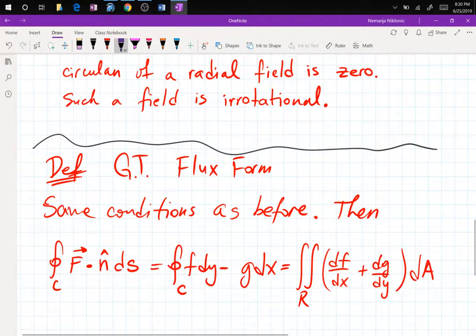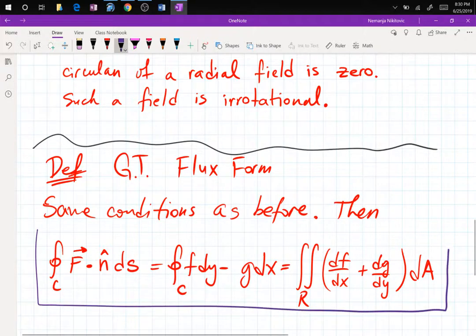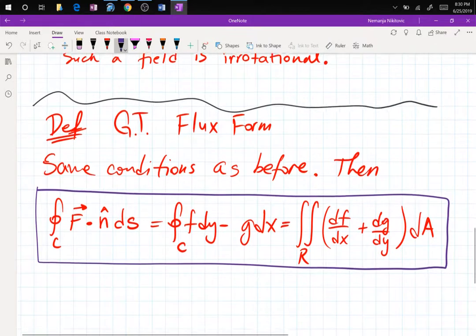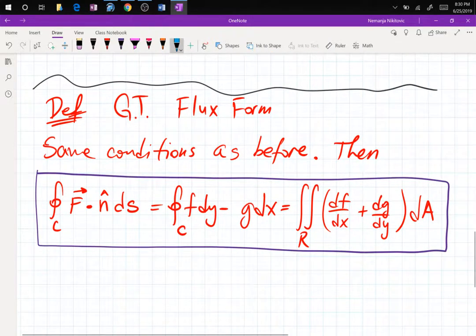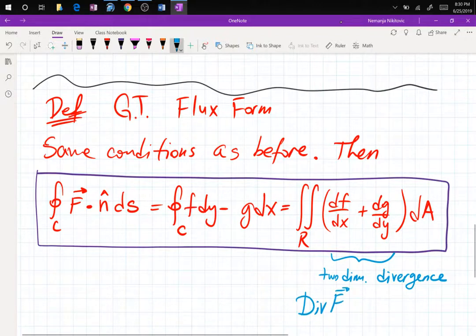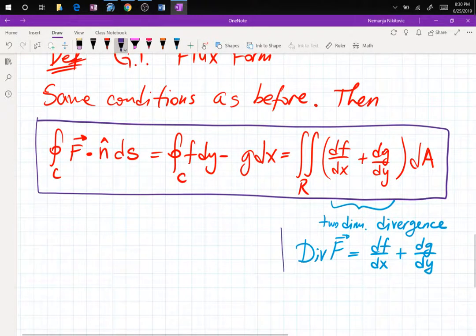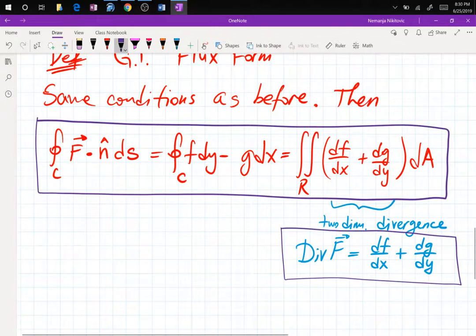So pretty much the same deal as before. The piece in here is called two-dimensional divergence. It's calculated as div of vector field F, which is just df dx plus dg dy. So that's a formula. Box it. There we go.